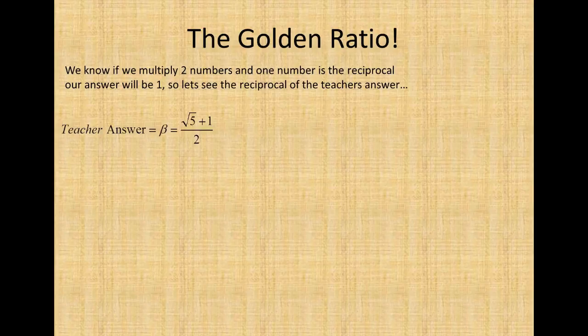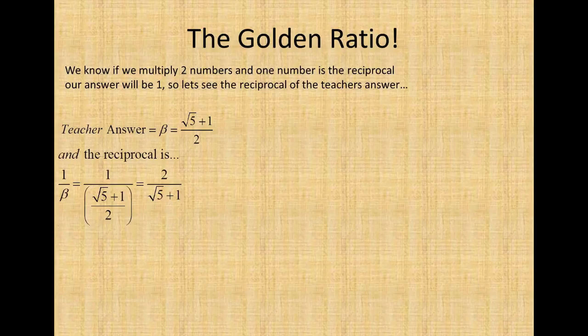Here's the teacher's answer: square root of 5 plus 1 divided by 2. And the reciprocal is 1 over beta, which is 1 divided by the square root of 5 plus 1 divided by 2. We invert and multiply, and we get 1 over beta equal to 2 divided by the square root of 5 plus 1, which is the inverse.